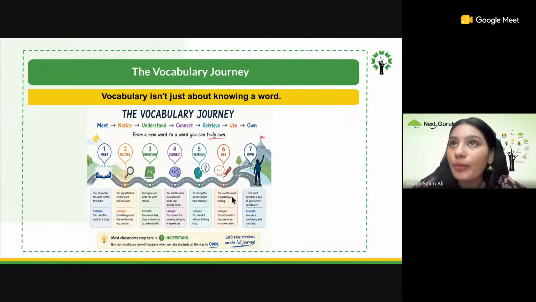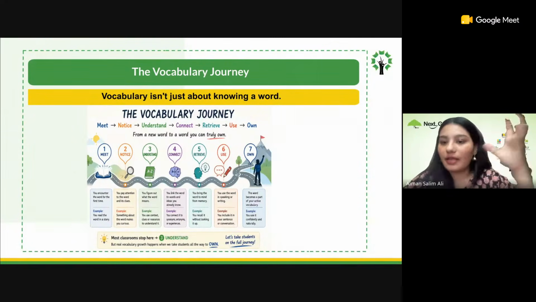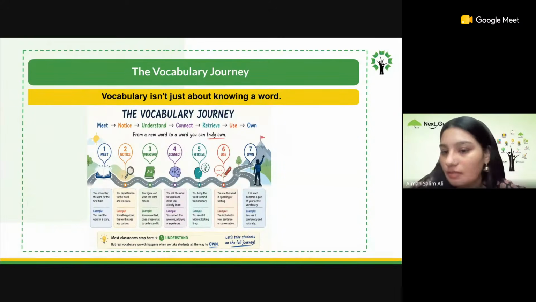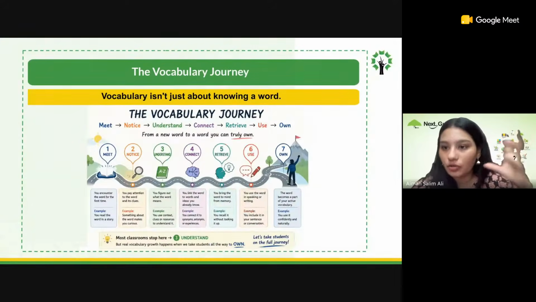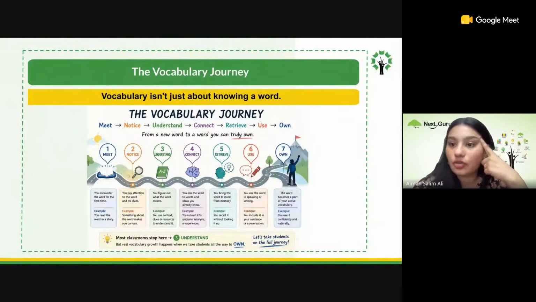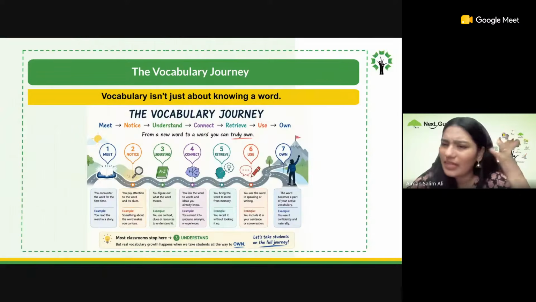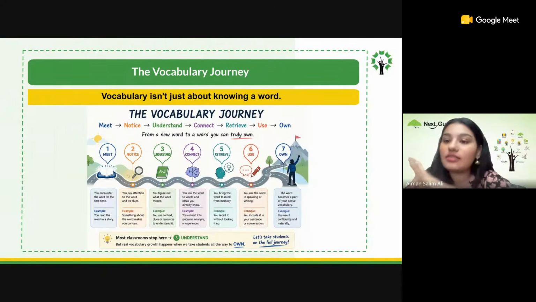That means the person can independently choose that word in their mind and use it in their everyday speaking or writing. And then the 7th one is own the word. The word becomes a part of your active vocabulary. It's no longer something that you search for or look up in your books or notebooks, but you use it very normally, very actively. And that is the whole journey of vocabulary.